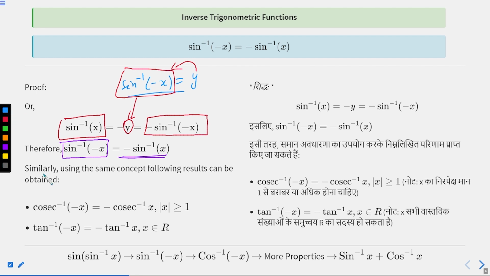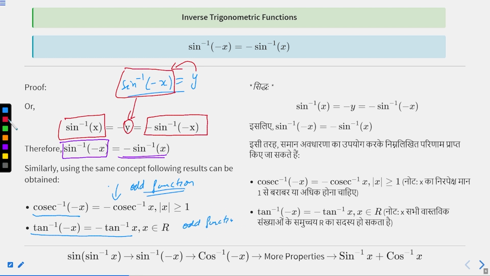Now you can use a similar concept of proof here, and what you will get is cosec inverse minus x is equal to minus cosec inverse x. So this is also an odd function. And tan is also an odd function. As you can see, tan inverse of minus x is equal to minus tan inverse x. So this tan inverse is also an odd function.